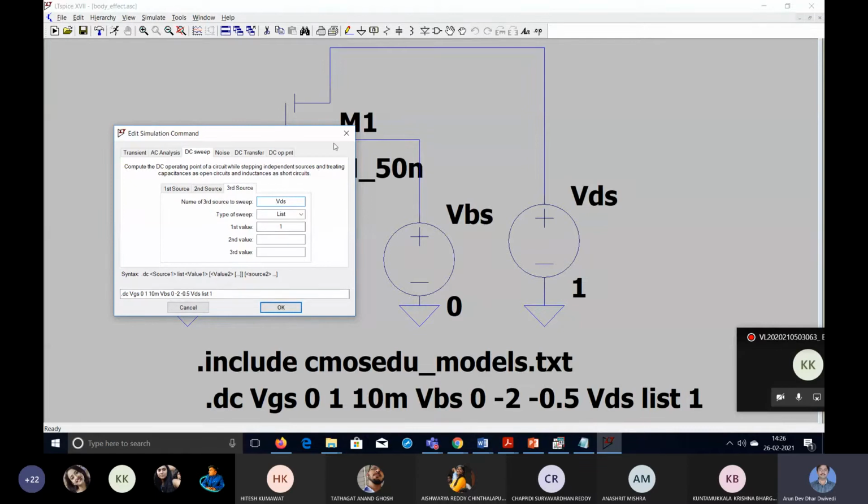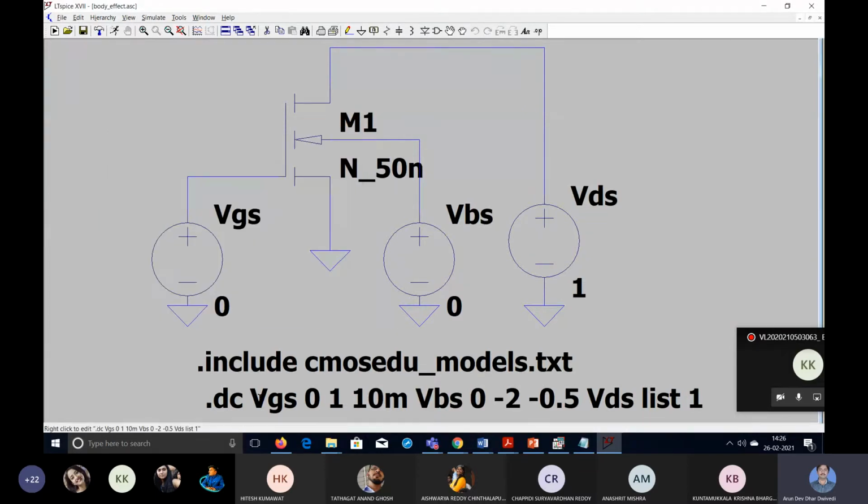So it's fine. After that, clicking OK and placing, it will complete the SPICE analysis command. .dc VGS varies from 0 to 1 volt with an increment of 10 millivolt. VBS is varying from 0 to minus 2 volt with an increment of minus 0.5 volt. And VDS has only 1 value. List is provided, which is 1 volt. So in this way, the complete commands are given.